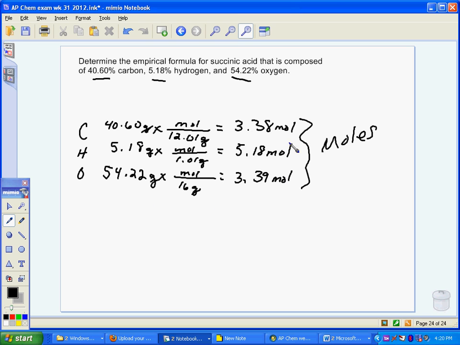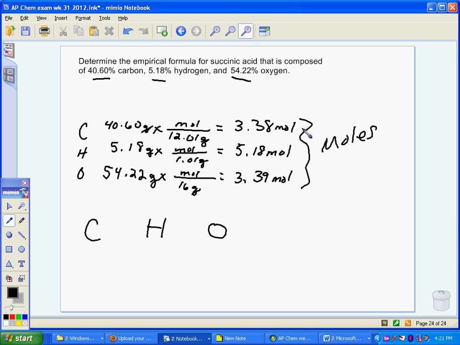The next thing we do, now that we've got actual ratios to work with, we're going to write down our formula. We're going to leave some space in between each one. It's conventional to always write your carbon first, then your hydrogens, then your oxygens, then other things, sulfurs, and so on.